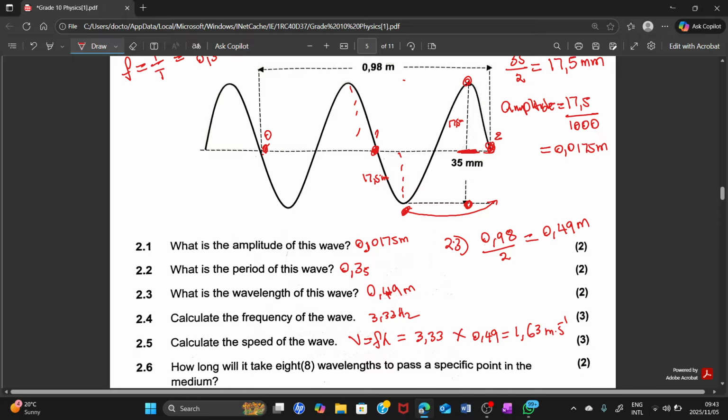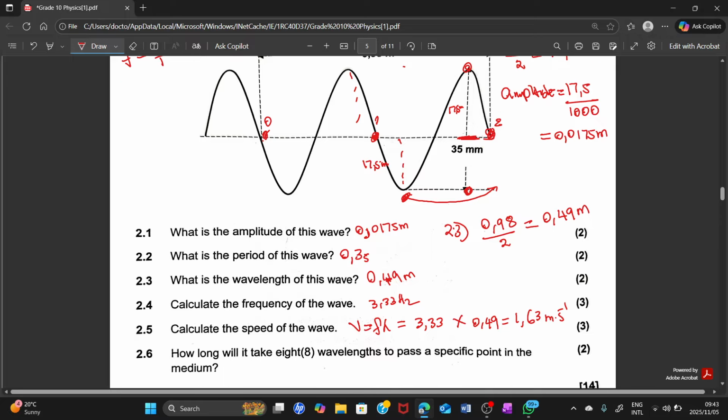Now let's go to our last question. What is our last question all about? How long will it take 8 wavelengths to pass a specific point in the medium? Okay.